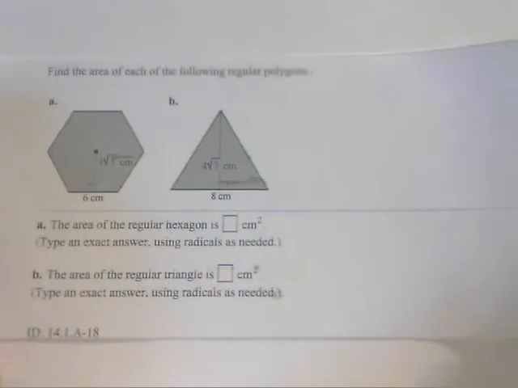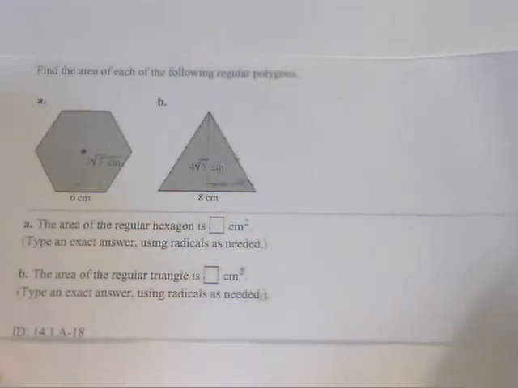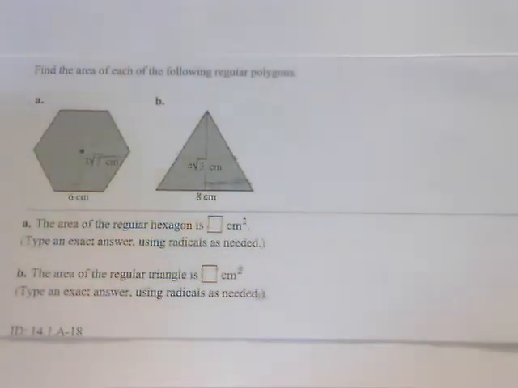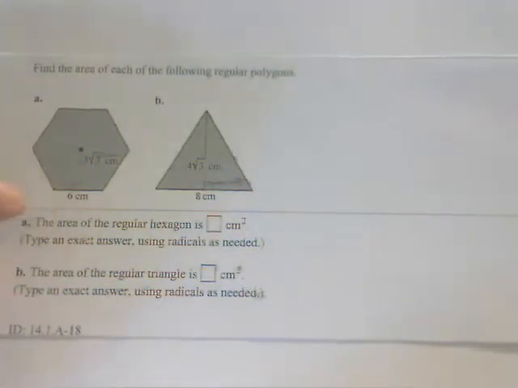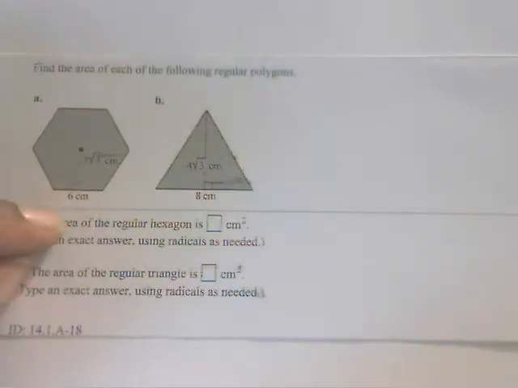Okay, here's the next problem. Find the area of each of the following regular polygons here. The one on the left is a regular hexagon with a side of 6 centimeters.